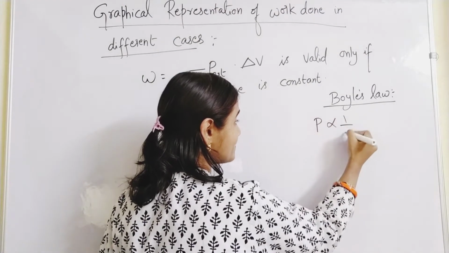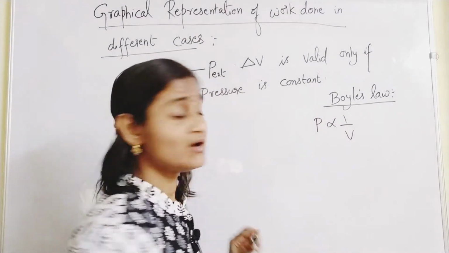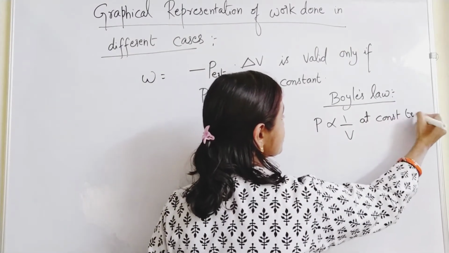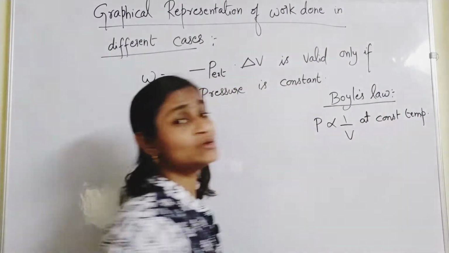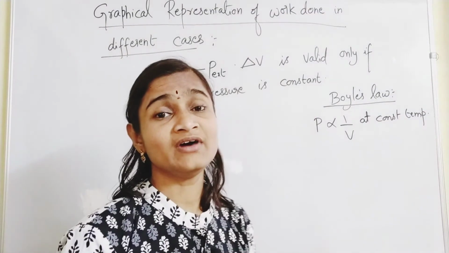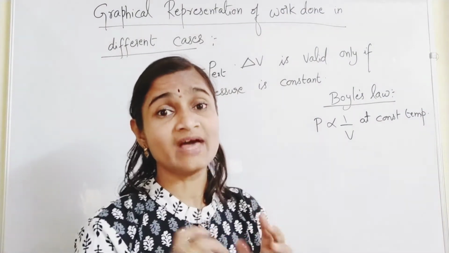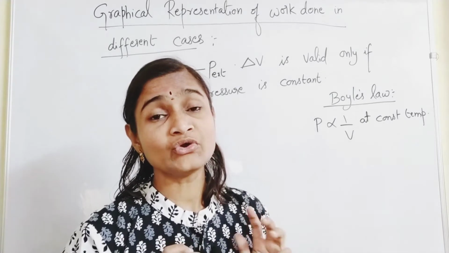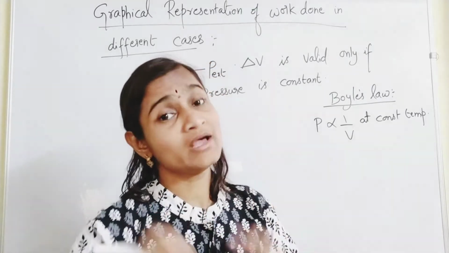P is inversely proportional to V at constant temperature. Generally we have learnt in our lower classes, or in the states of matter chapter, how to draw the graph for Boyle's law.